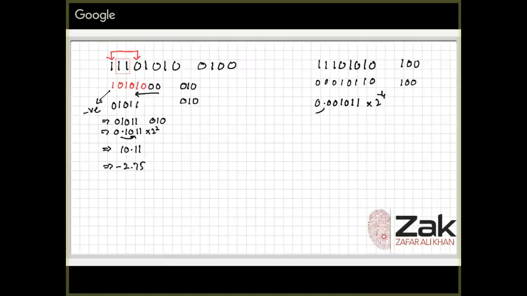The point is meant to go to the left how many times? 4 times, because your exponent is negative. That is why I said it will still be subtracted, because you have to go further. So this would become 0.0001 0 0 1011. This is your actual number.